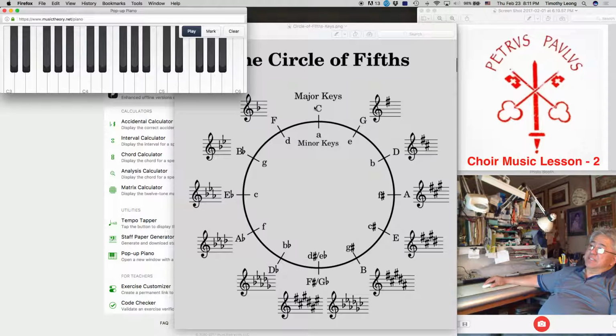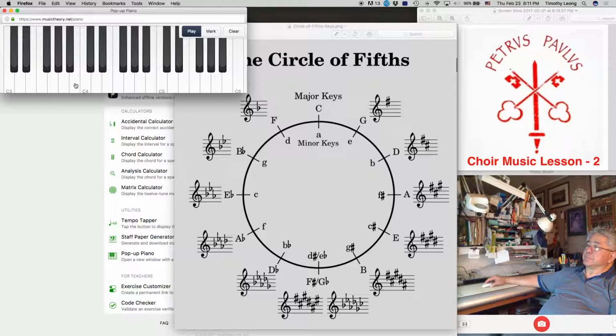That key of C, which has no sharps or flats, has a relative minor. Now, if you look on the other side of the line, it has a letter here. The minor key's A. Okay? A. And it would be A minor. So if this is C major, the minor is 1.5 steps lower.